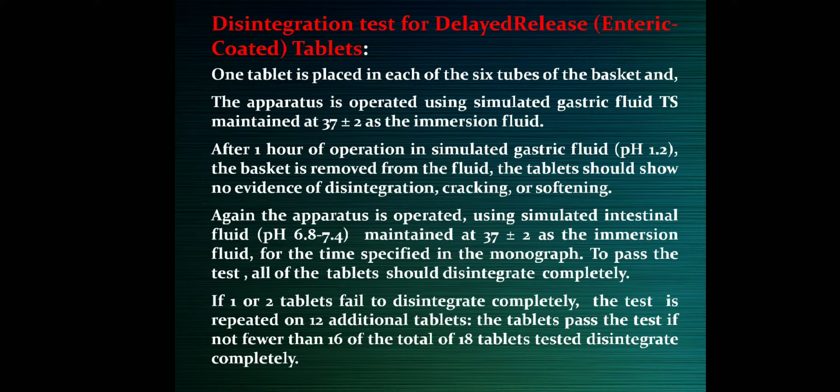To pass the test, all the tablets should disintegrate completely in this basic pH, or simulated intestinal fluid. If 1 or 2 tablets fail to disintegrate completely, the test is repeated on 12 additional tablets. The tablets pass the test if not fewer than 16 of the total of 18 tablets tested disintegrate completely in the specified time.